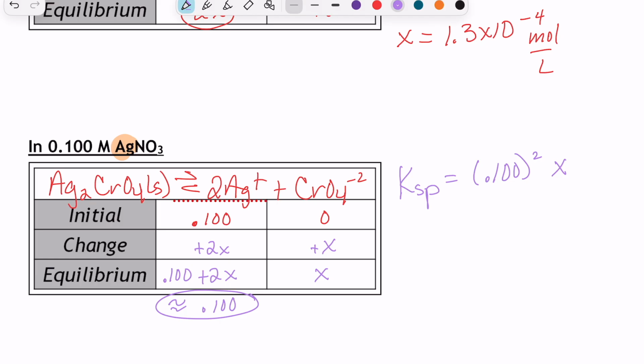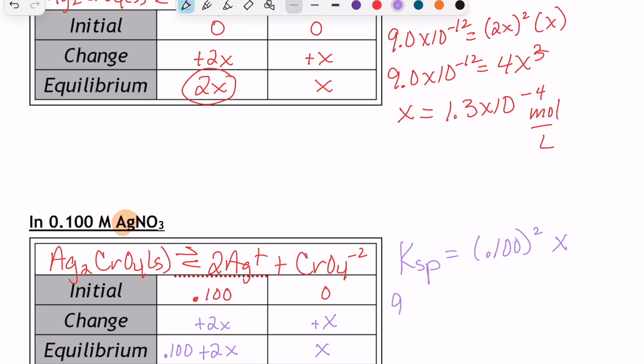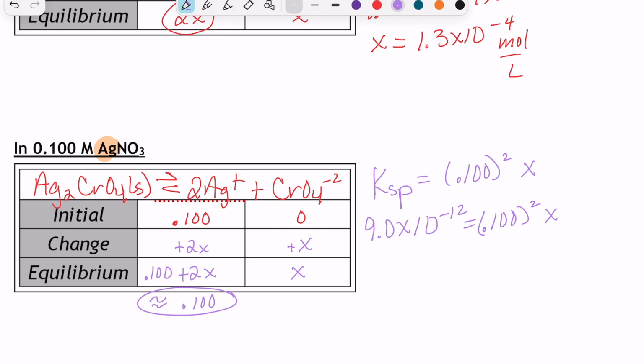Oh, I forgot to put in the Ksp value. The Ksp value is still the same. 9.0 times 10 to the negative 12 is equal to 0.1 squared times x. And so what we're going to do here is just solve it mathematically, and x is equal to 9.0 times 10 to the negative 10 moles per liter.